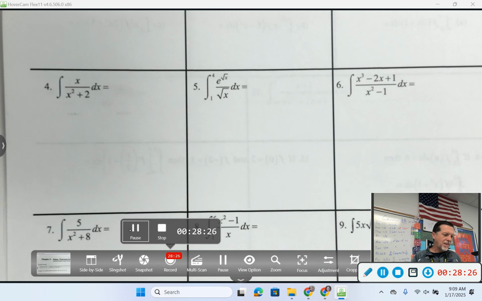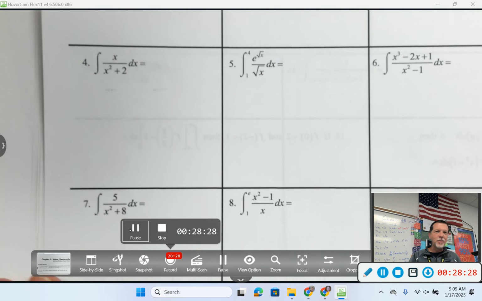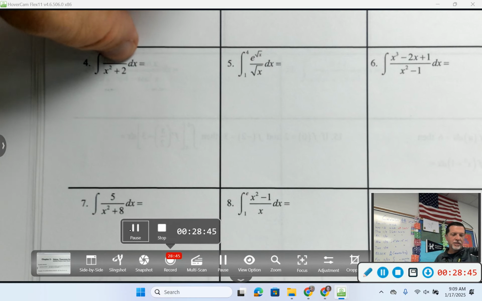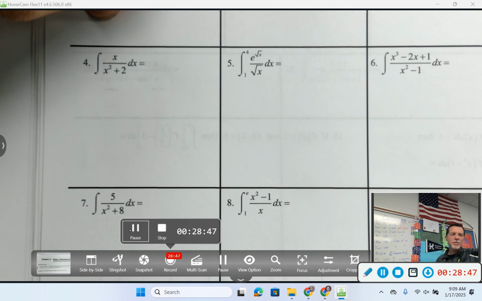In fact, let's flip over to worksheet 7. Let's look at number 4. Let's just throw our brains off here. What do you think number 4 is? It kind of looks like arctangent because of the denominator, but that x in there is going to be messed up.